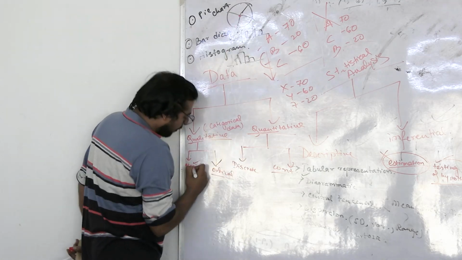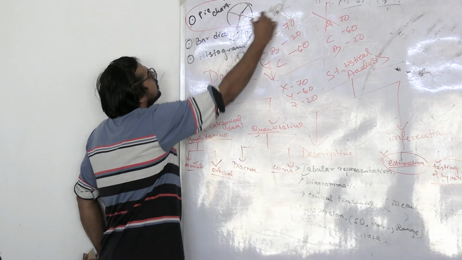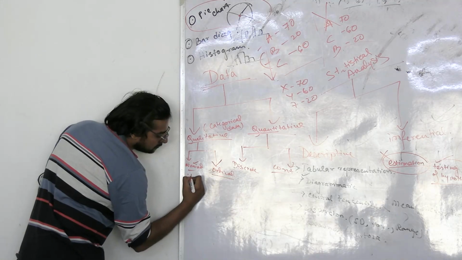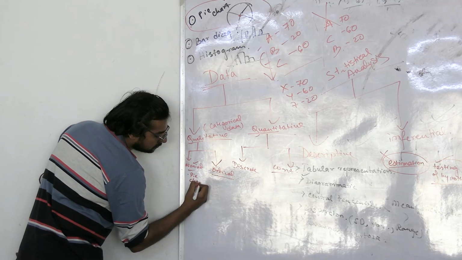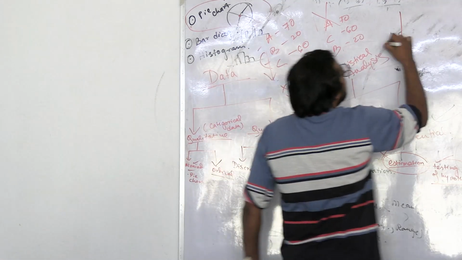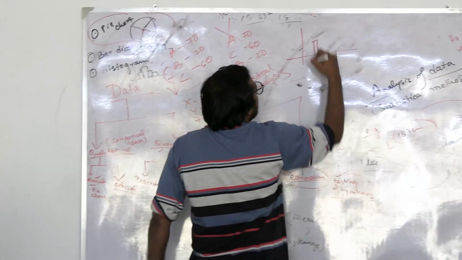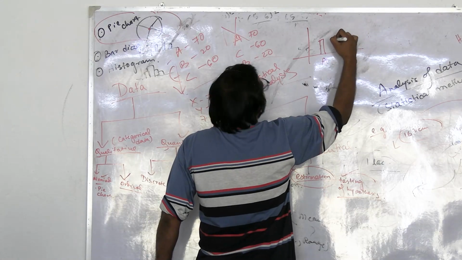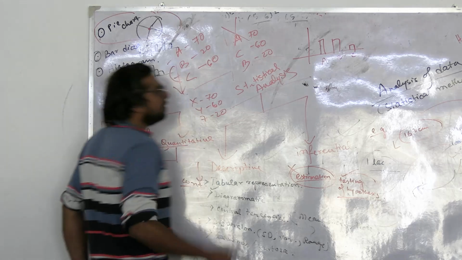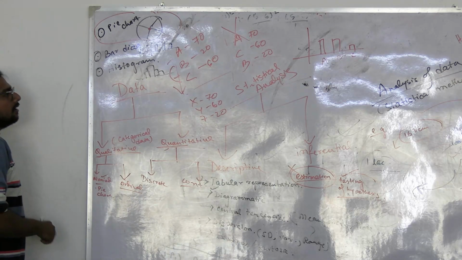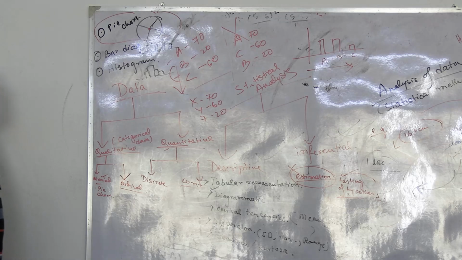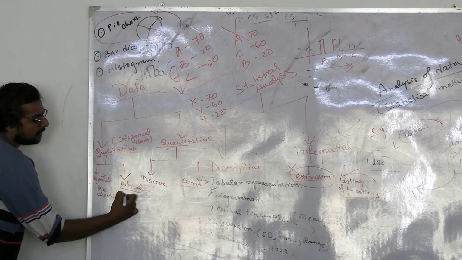So, for nominal data, we can use a pie chart. Understood? But whenever there were grades, if we plot it like this, A, B, and C, here we can see the sense of ordering. So for ordinal data, we have bar diagram.